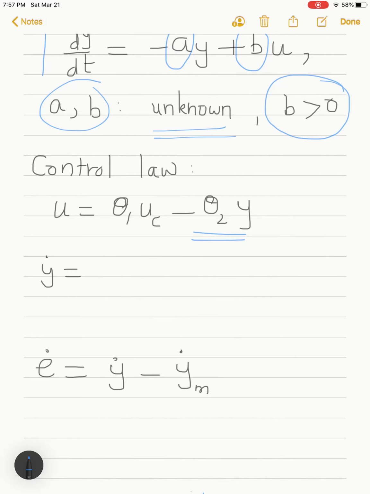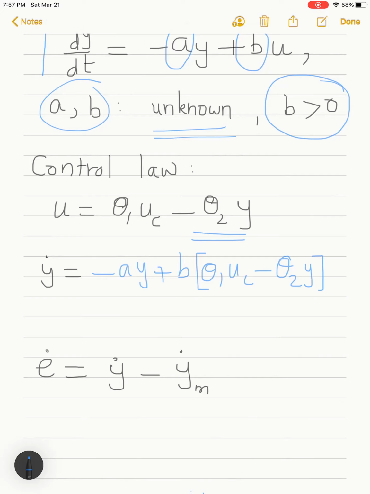If we do that, we can calculate y dot, and y dot would be minus a y plus b times theta 1 uc minus theta 2 y.